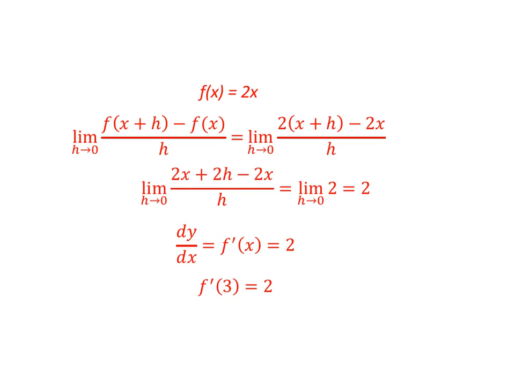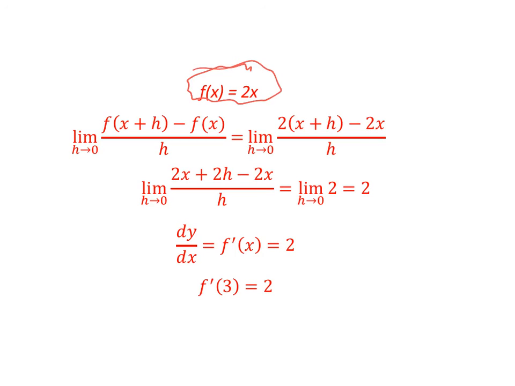All right, so let's calculate it out here. First of all, I've got my function, f of x is equal to 2x. That's my function. All right, I'm using the definition. Remember, the definition is limit as h approaches 0 of f of x plus h minus f of x over h. Now, f of x plus h, I simply plug in x plus h for x in my function.